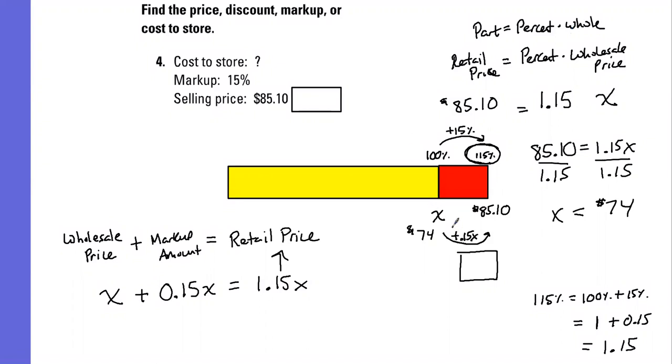That's what I'm adding here. And 74 plus 11.10 is in fact $85.10. So my final answer for my cost of my store is $74.